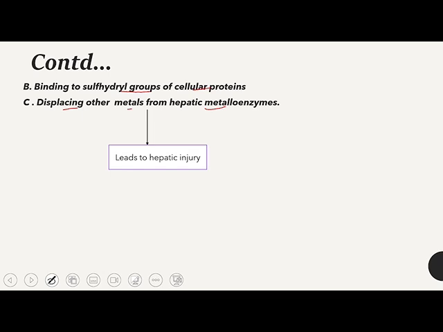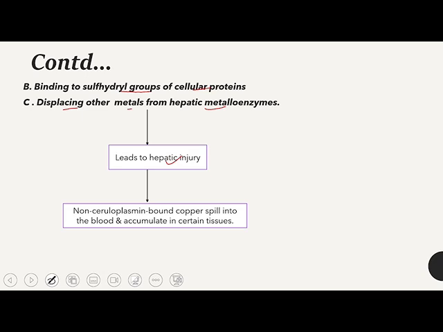So non-ceruloplasmin bound copper is present abundantly inside the hepatocyte, and once there is injury to the hepatocytes, then those non-ceruloplasmin bound copper spill over to the blood stream, and that will get circulated to other extrahepatic tissues, and that will lead to the accumulation of that non-ceruloplasmin bound copper into certain tissues like the brain, basal ganglia, as well as eye.